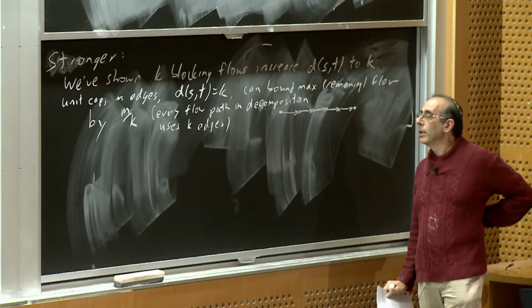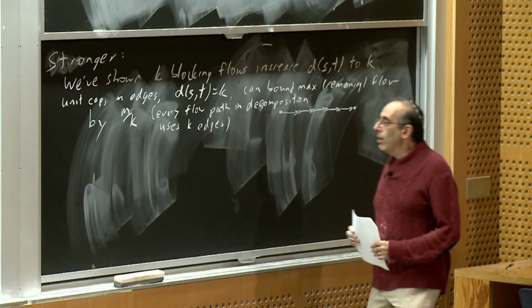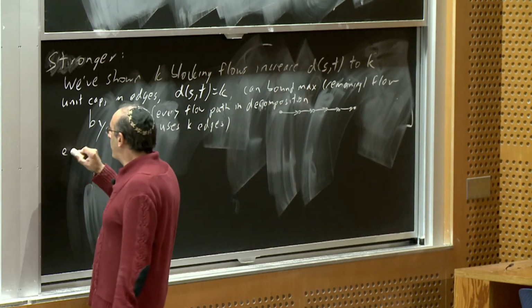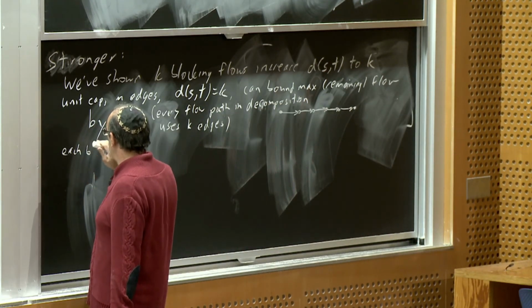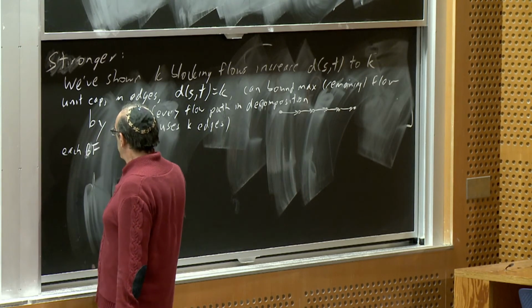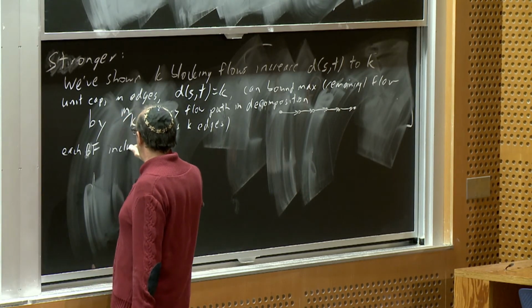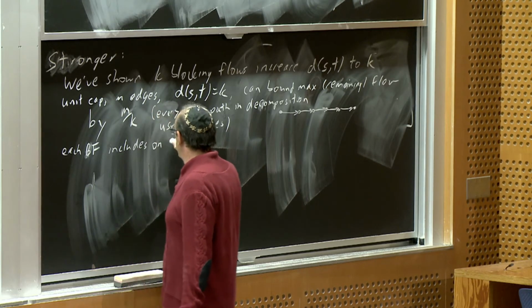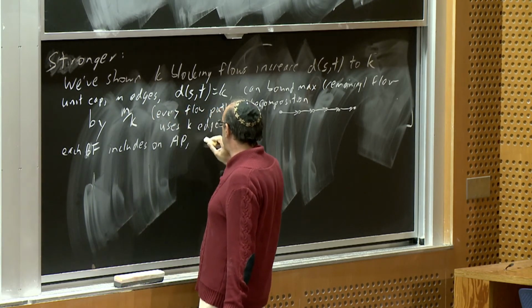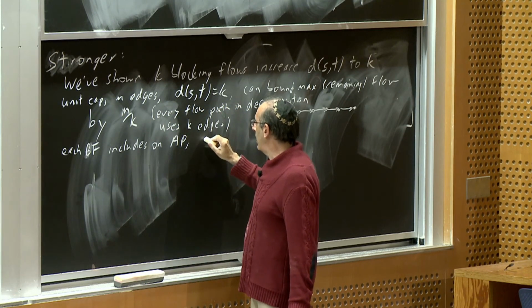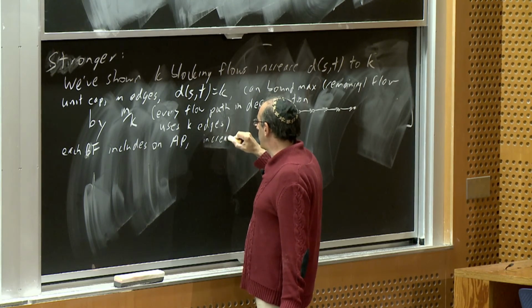Okay? All right. Now notice that each blocking flow includes at least one augmenting path. So it does increase the flow by at least one.